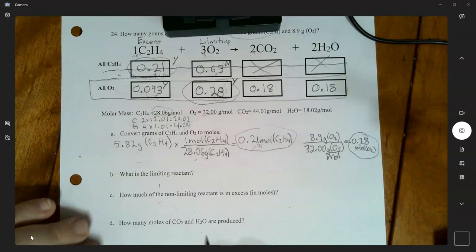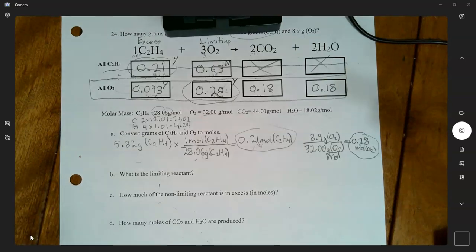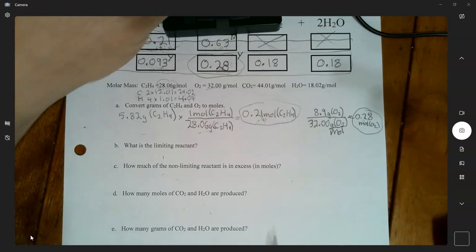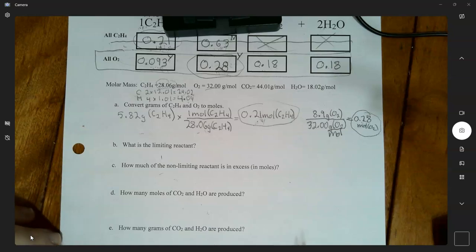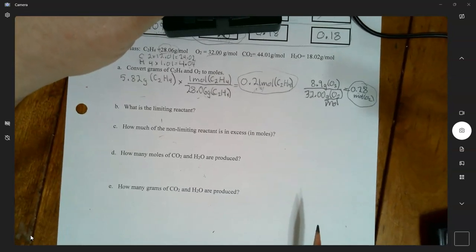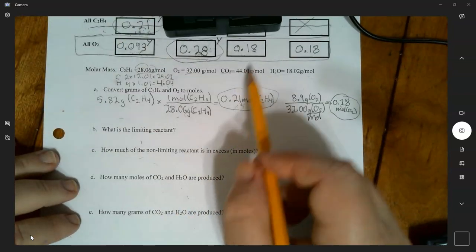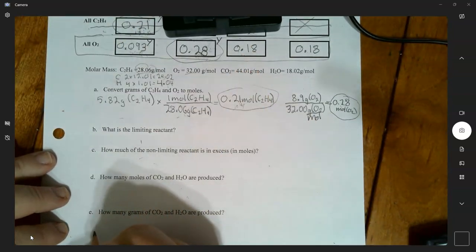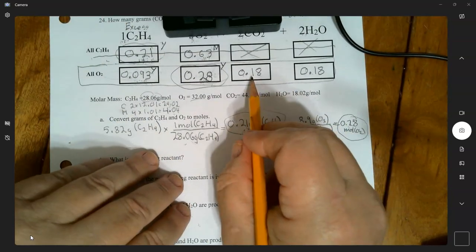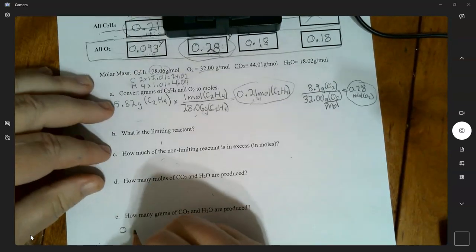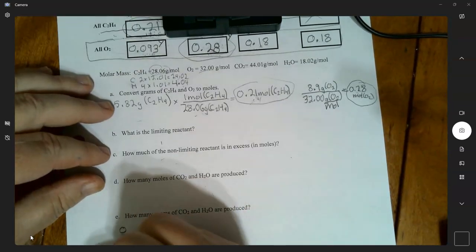So you're going to write that down here for letter D. And then how many grams of CO2 and H2O are produced? So you're going to start with the number of moles. Let's start with CO2. So we have 0.18. Again, I'm coming from this point right here, up there. And that's how many moles of CO2 we got.